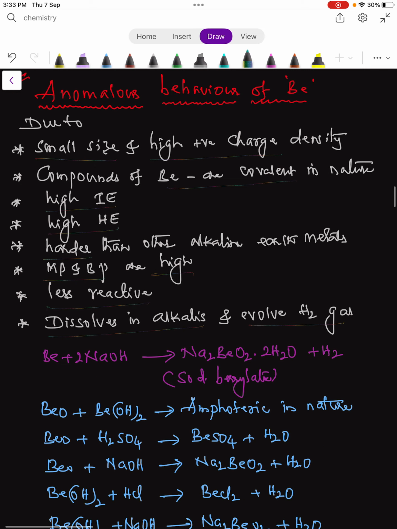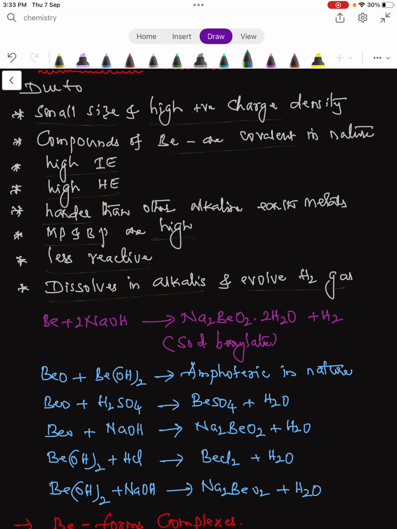Let us see how it evolves hydrogen gas. Beryllium, when it reacts with sodium hydroxide, gives sodium beryllate, and along with that hydrogen gas is liberated. Beryllium oxide and hydroxide of beryllium form amphoteric compounds, and it is amphoteric in nature. Beryllium oxide, when it reacts with acids, gives beryllium sulfate.